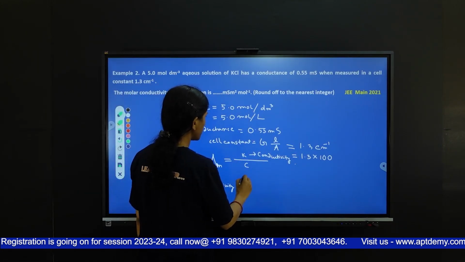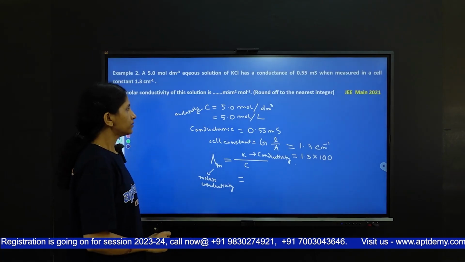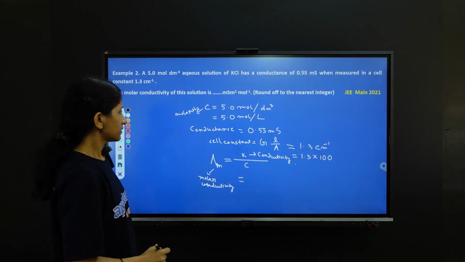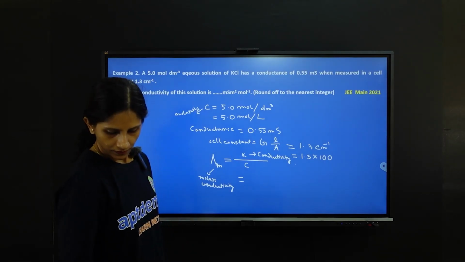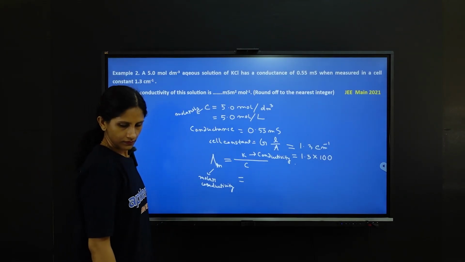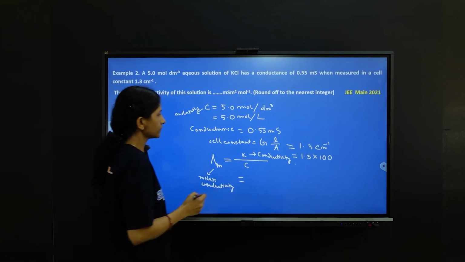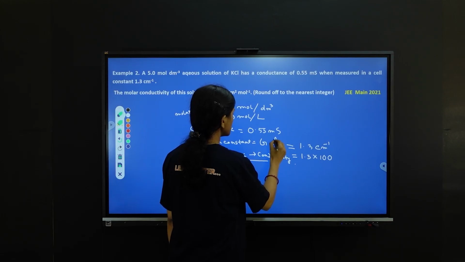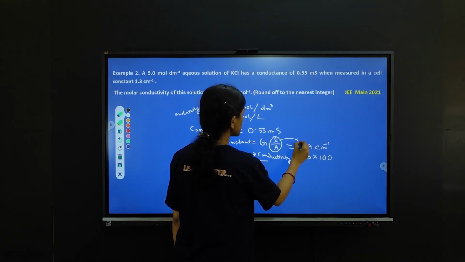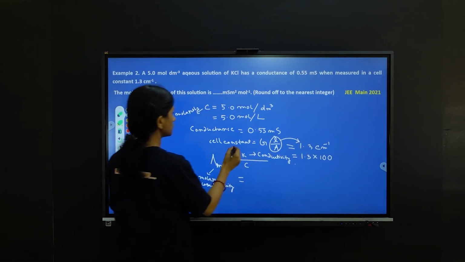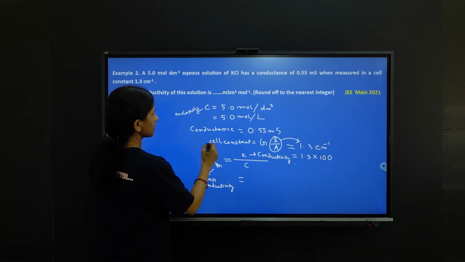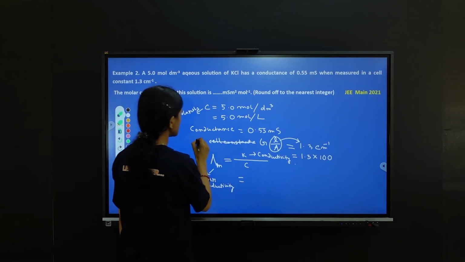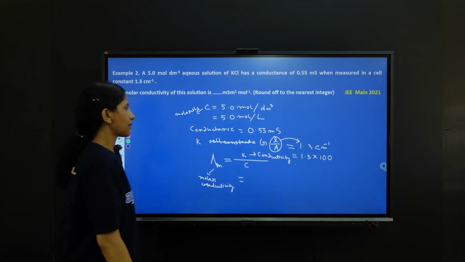So now if you put the value, you will get... so your conductance is given here. I'm sorry, this is not the cell constant, this is our kappa.